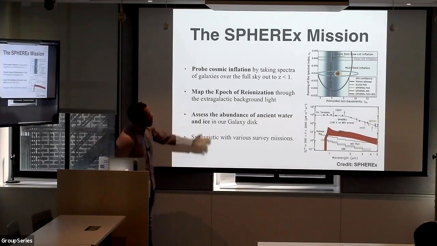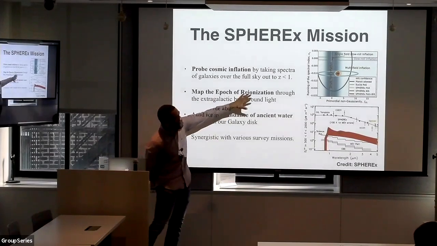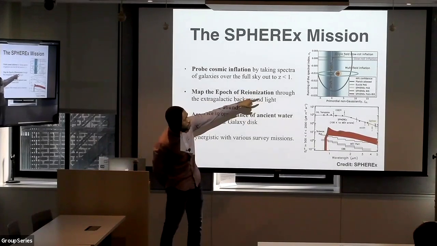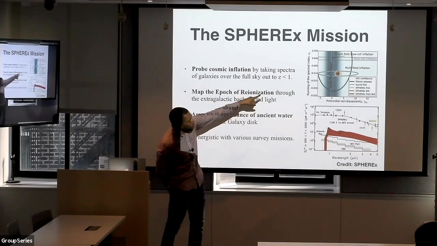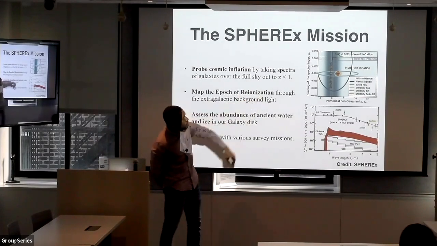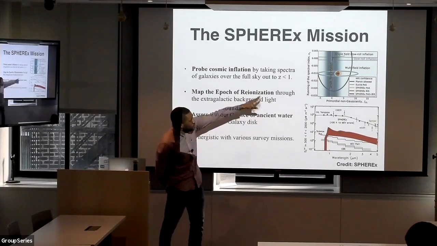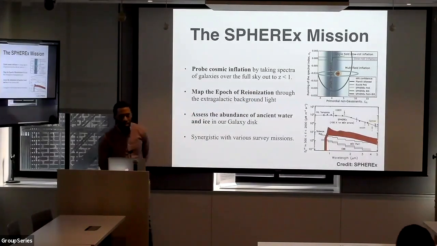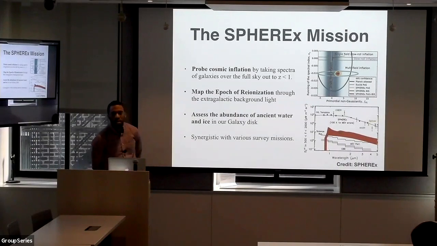At the top you would see various inflation models, and Planck is the big blue error curve, whereas Euclid is the light blue one, and with SPHEREx you'd be able to get those small curves in there. Hopefully you'd be able to tell the difference between various models of inflation.